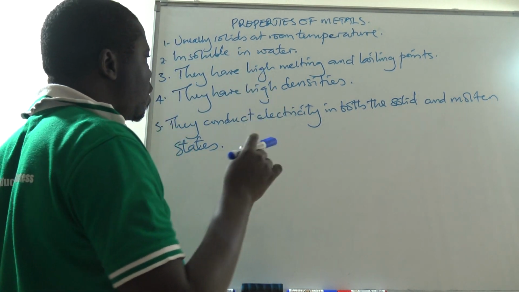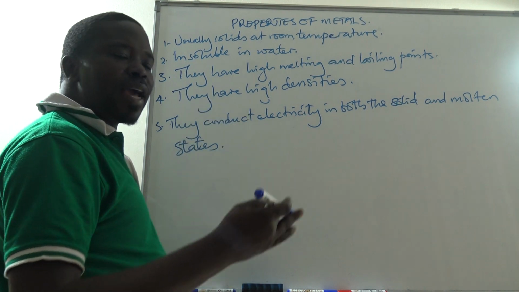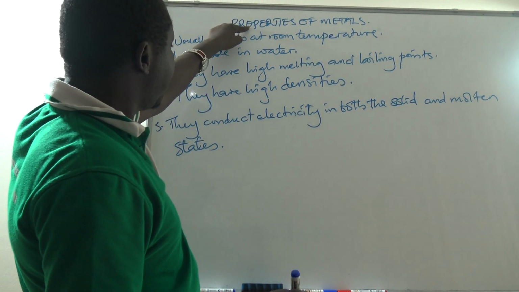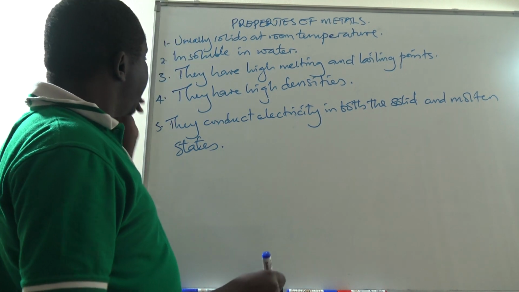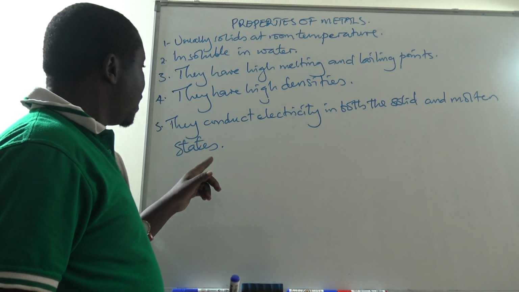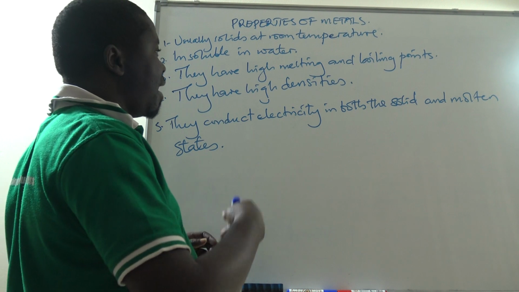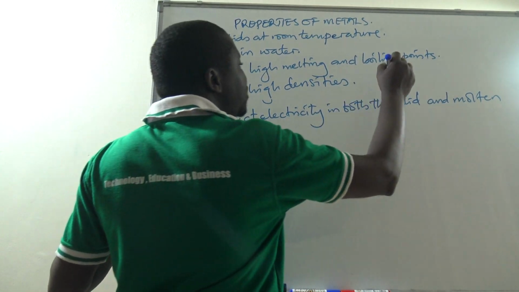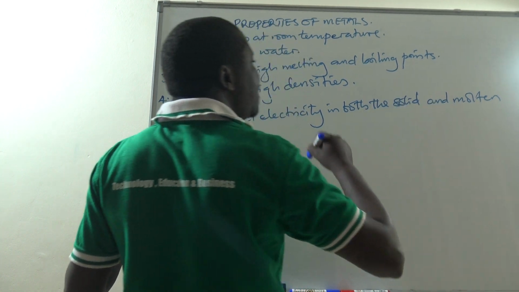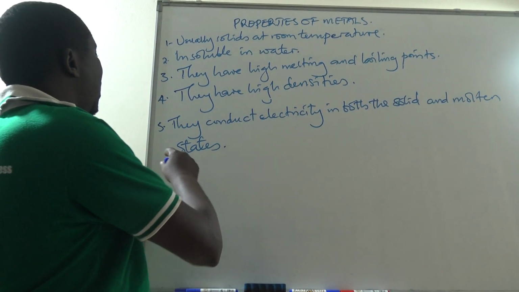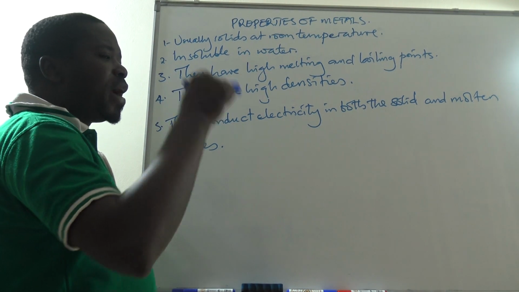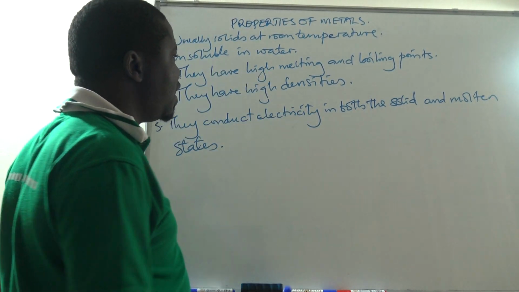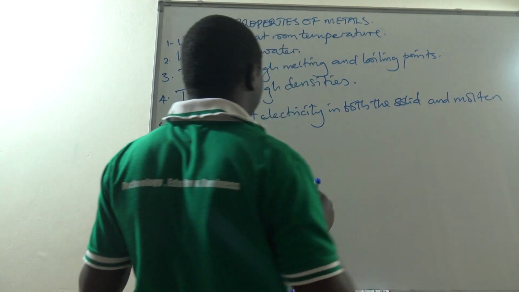Ionic compounds are electrolytes, and electrolytes are compounds, not elements like metals. So metals are not electrolytes; they are elements, not compounds. They conduct electricity in the solid state very well. They even conduct electricity in the molten state. A molten metal, when heated to the melting point so that it melts, then the melt conducts electricity. Even the solid metal conducts electricity.